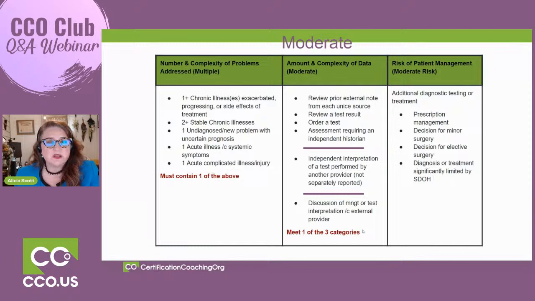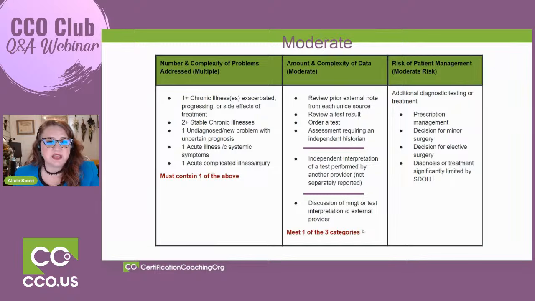Well, what if a consultation came in from out of town, when a patient used to live, say they lived in New York, they moved to Texas, and they had a consult regarding their CHF, and they bring that information with them, and the provider looks at it and reviews the documentation from that specialist that says that the patient has systolic CHF. Then again, that would be an external note that's being reviewed.